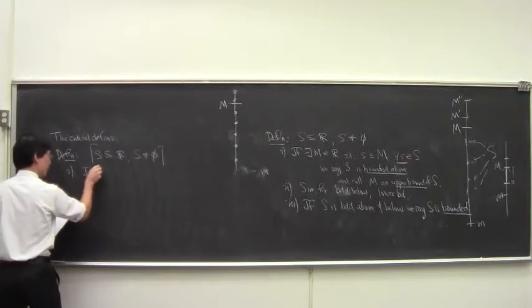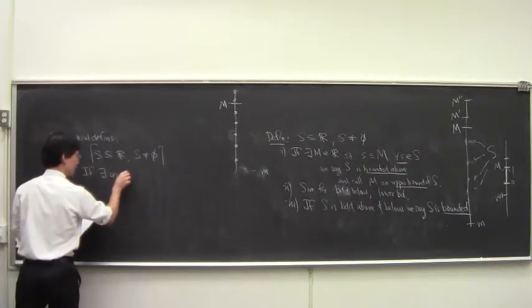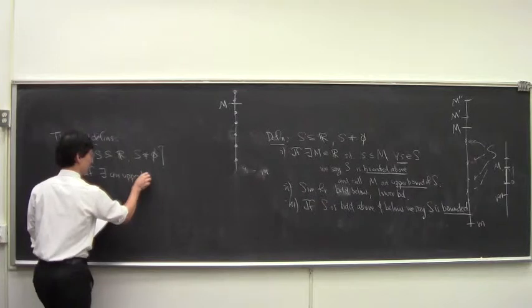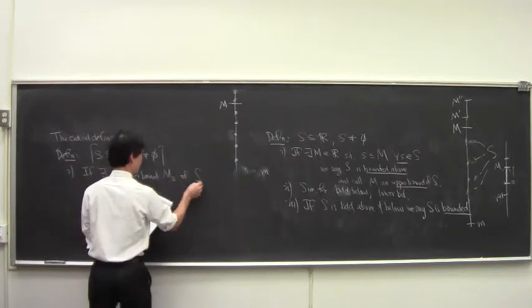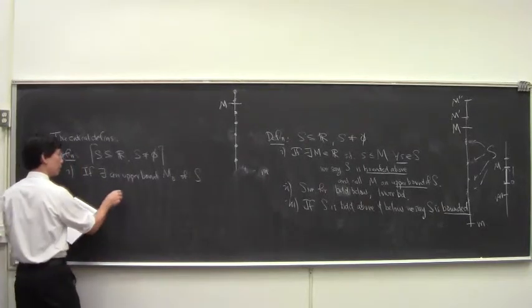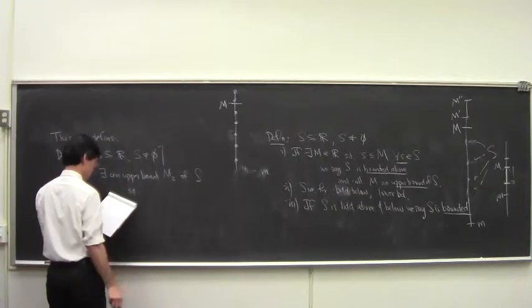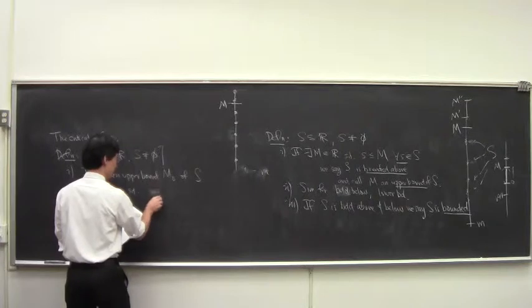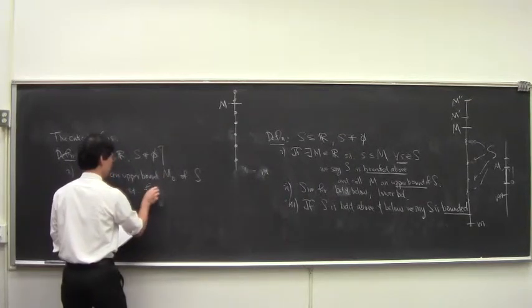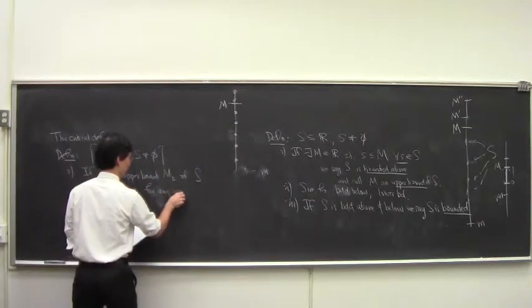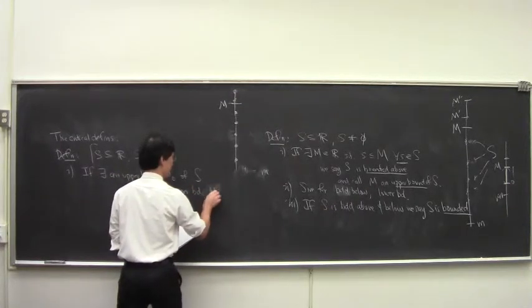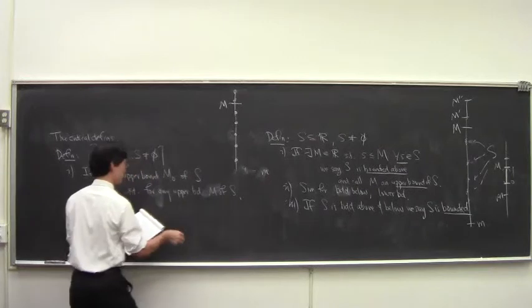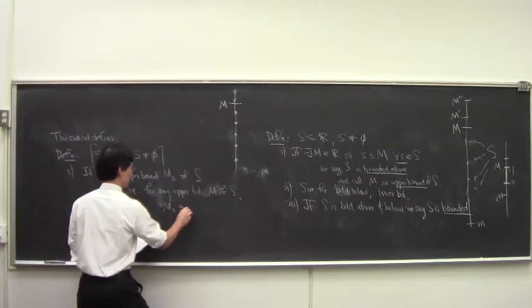If there exists an upper bound m naught of S, such that for any upper bound m of S, m naught is less than or equal to m.